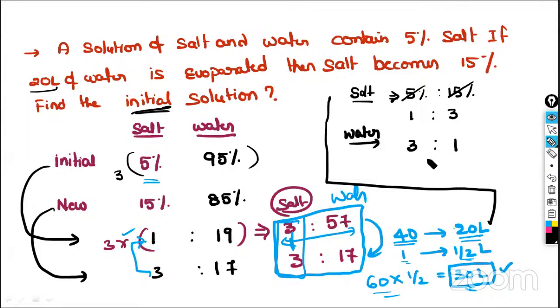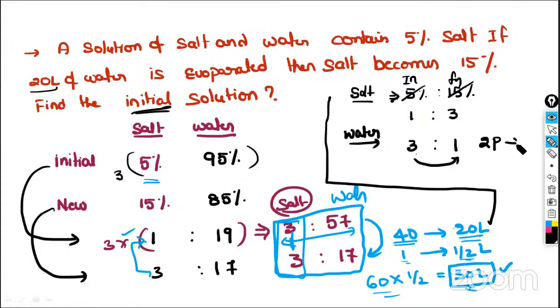Okay. See, initially how much, ma? 3 parts. Finally 1 part. So difference is, ma, 2 parts. Yes or no?